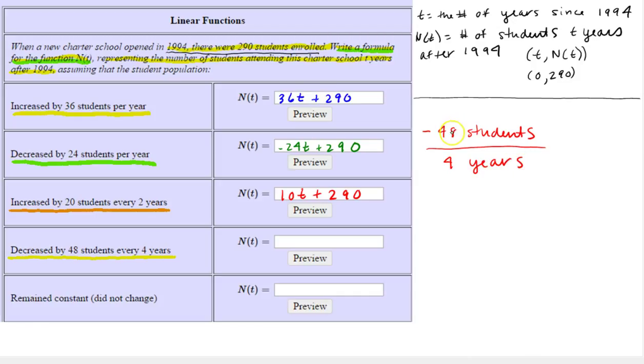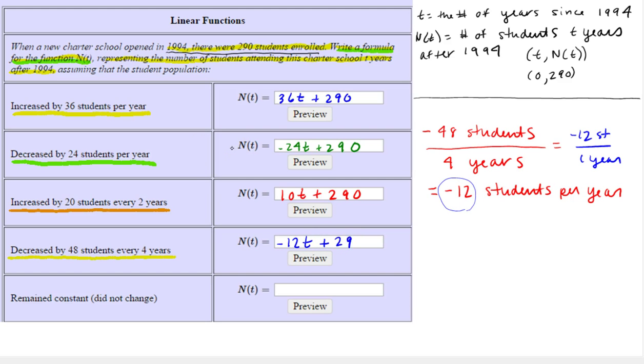So now if we simplify this, negative 48 divided by 4 is negative 12 students per year. Okay. So notice if you thought about this as simplifying a fraction, you'd be left with negative 12 students over 1 year, which gives us the unit rate of change when we have the 1 in the denominator. Now we know that we began with 290, so this is our rate of change, negative 12t plus 290.